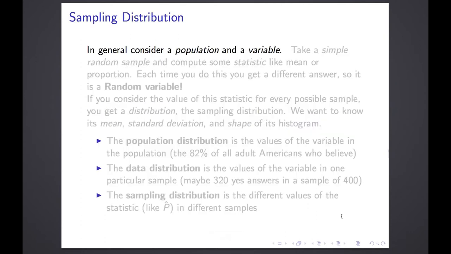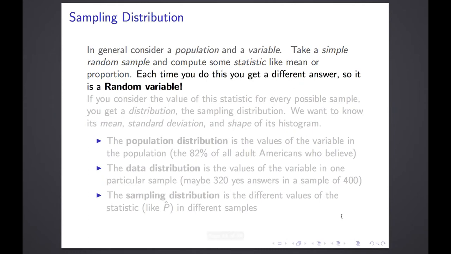In general, we are going to look at a lot of situations where we have a population and a variable. We take a simple random sample and we compute some statistic: the mean, the proportion, the slope of the least squares line, all sorts of things. Each time you pick a random sample and compute a statistic, you get a different answer. Since the answer is a number, that's a random variable.